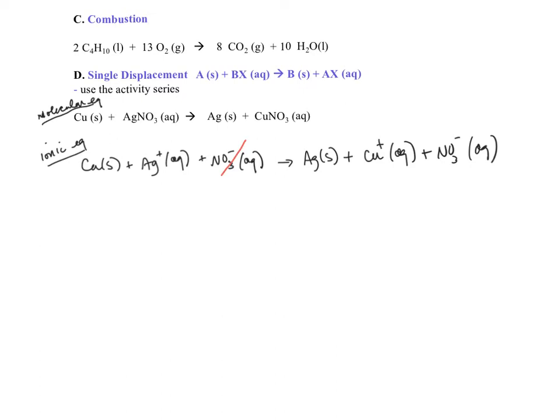So you've got a nitrate here and a nitrate here. The nitrate is the spectator ion for this system. The nitrates are present in the solution, but they're not involved in the reaction. So we can leave them in, they're there in solution, or we can cross them out and come up with a net ionic equation.